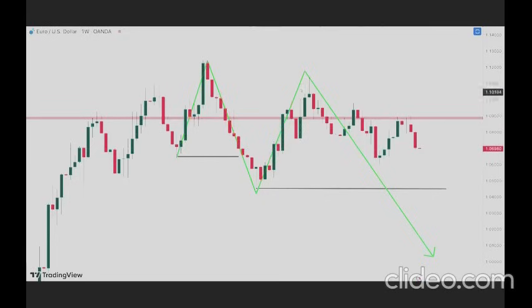So this is more we are expecting. So these channels or these moves that the market is moving up and down is just an element that forms a single impact that will move downward.